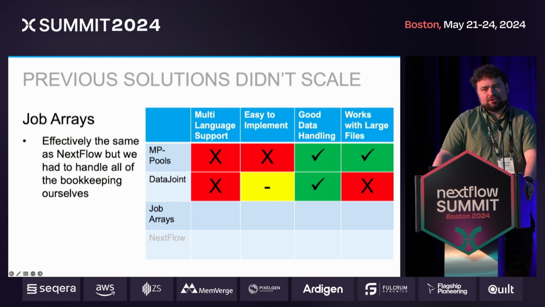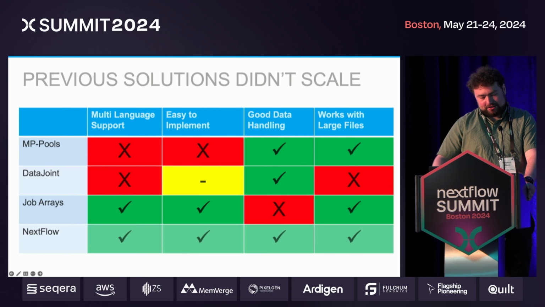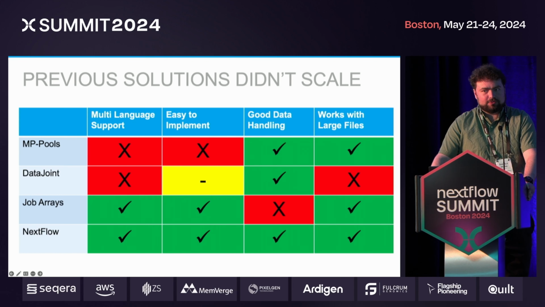I think after the training yesterday, I feel it's a little unfair to say that they're effectively the same as NextFlow without handling the bookkeeping, but that is what we're using NextFlow for. So we're hoping to implement some of the more advanced tools that NextFlow provides going forwards. NextFlow really was suggested by a colleague, and it really solved all the issues for us.